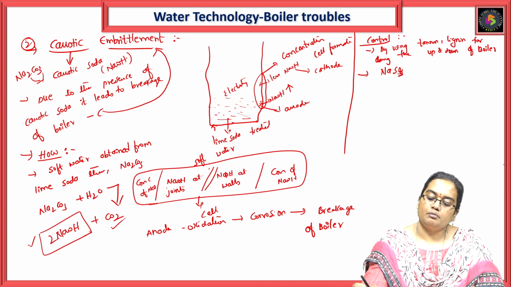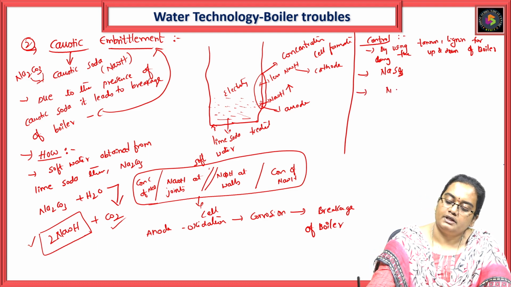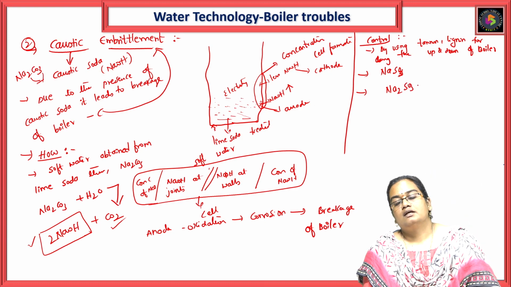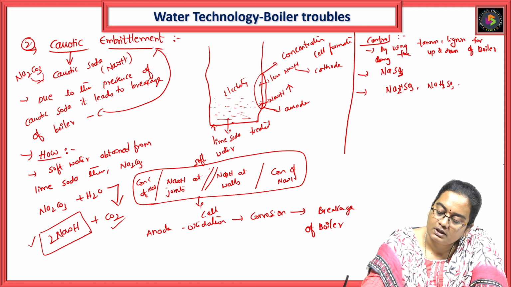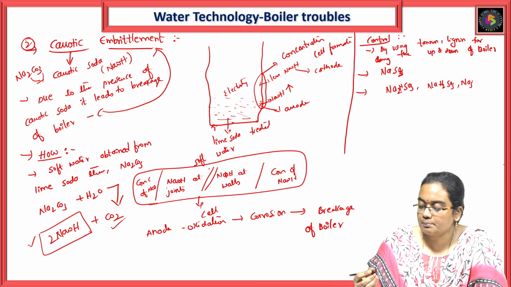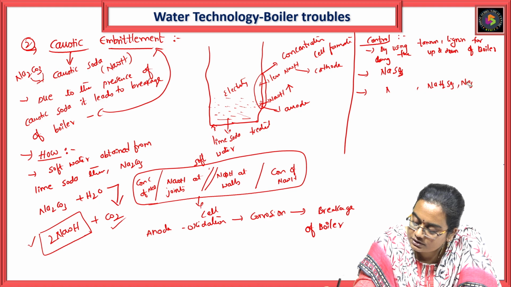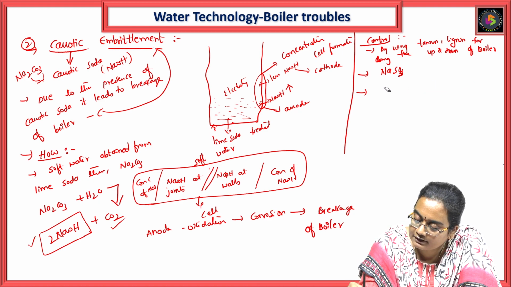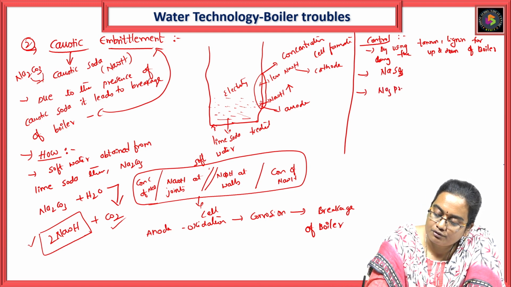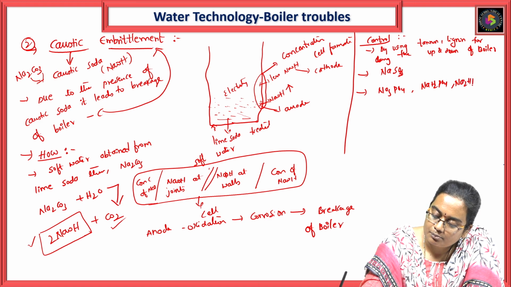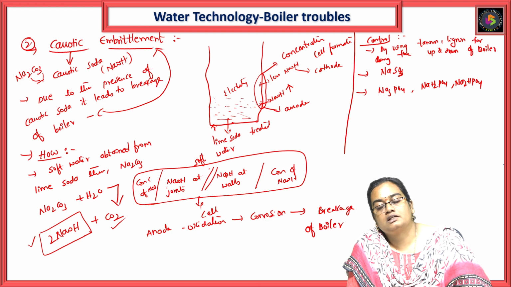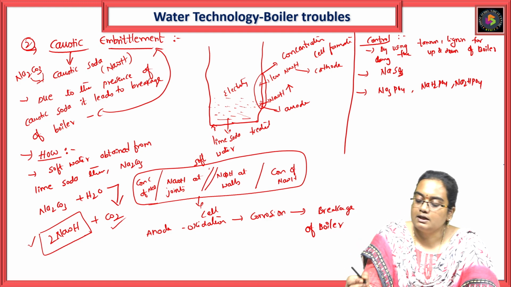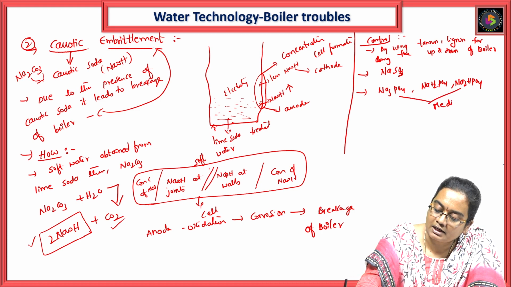Also, by using trisodium phosphate, Na3PO4, or sodium dihydrogen phosphate, NaH2PO4, or disodium hydrogen phosphate, Na2HPO4, we can remove this caustic embrittlement problem, based on the pH value of the media.